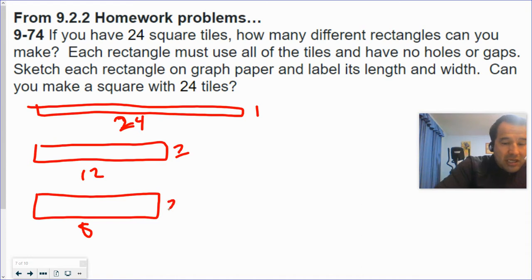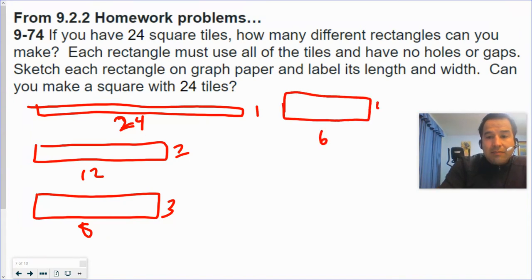And you know this is not accurate in the drawing, but go with me here. 8 by 3. You could also have a 6 by 4. Don't you love my rectangles? Aren't they beautiful? Okay, did you do better? What else could we have? 7, 6. Now, a 24 by 1 and a 1 by 24 are, for this sake, we're going to say it's the same thing, okay?